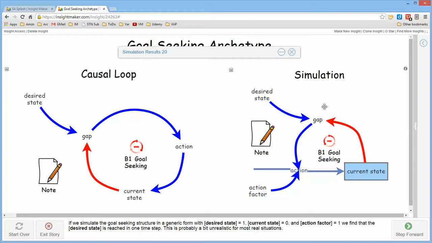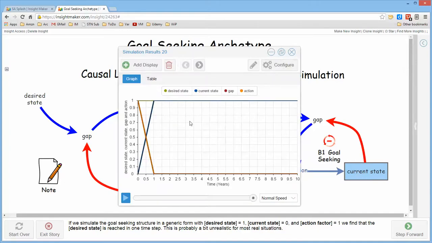If you think about, I have a project to do that takes 10 person days worth of work, and I have 1 person to do it, I'm not going to get from the current state to the desired state in a day. There aren't enough resources to do that. In this particular situation, the action factor is not a linear limitation, but there are typically varying kinds of limitations on the action, which will show up in the diagram.